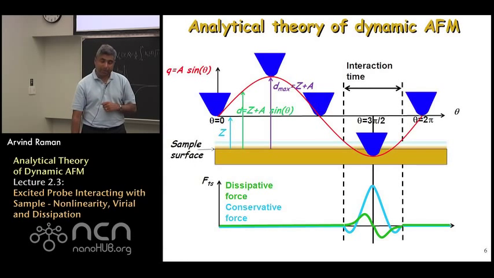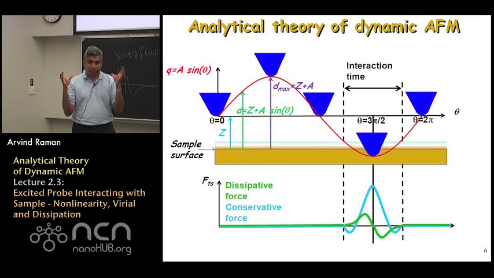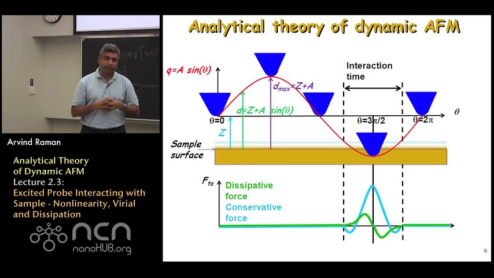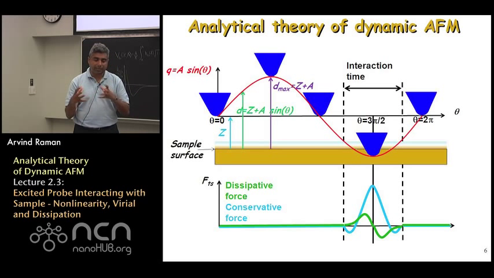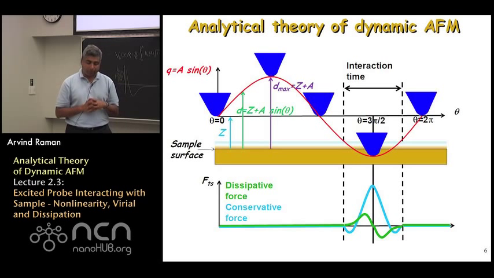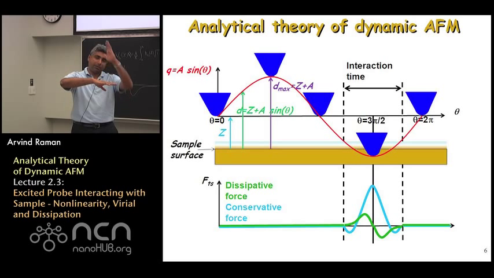So the next slide tries to describe what we're going to do with the perturbation approach, or using the approximate theory, to understand these links between observables and the dissipation and virial. So what I've plotted out here is a sample surface shown in gold, and the tip is located at an undeflected position Z above the sample surface.